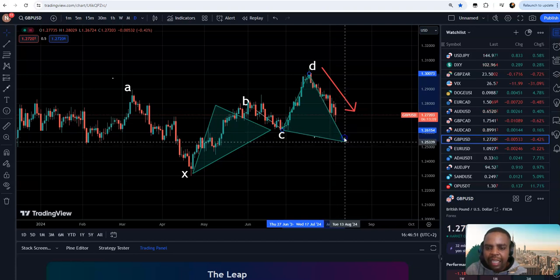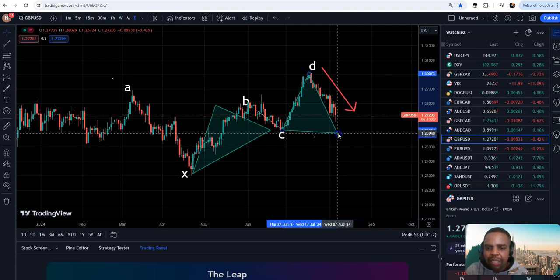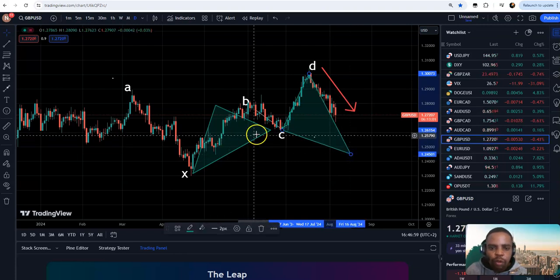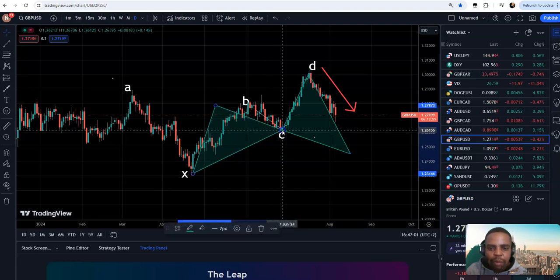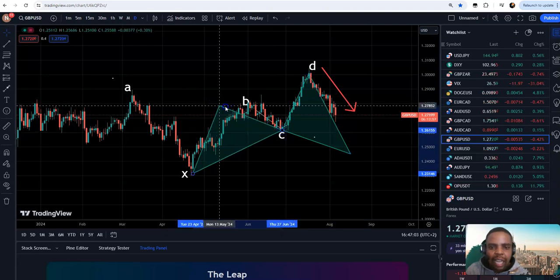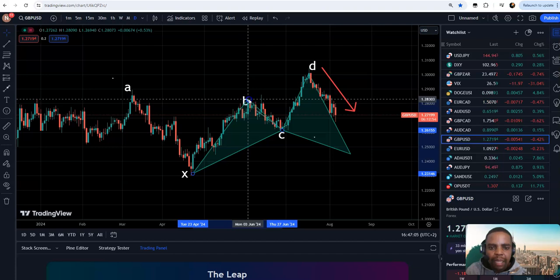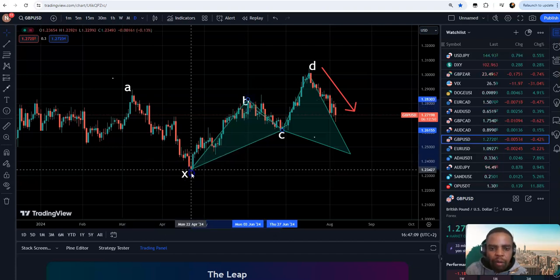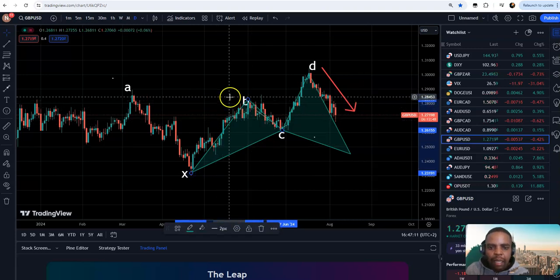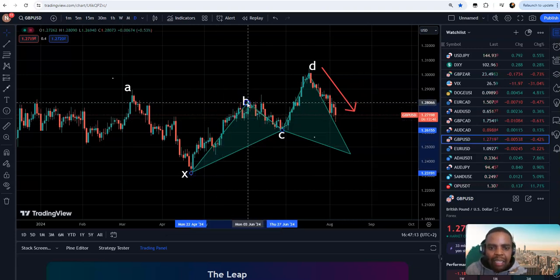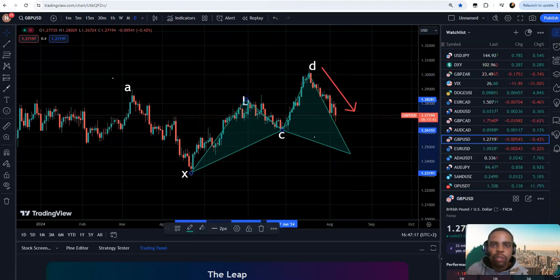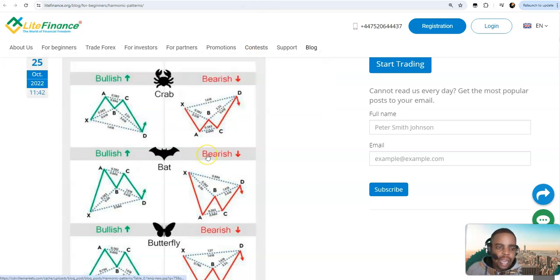And I do realize, while it is true that this market can come to 1.26, I do believe that it might go even further, and formulate another harmonic pattern, which is a bullish harmonic pattern. I might be wrong, okay, at the same time.